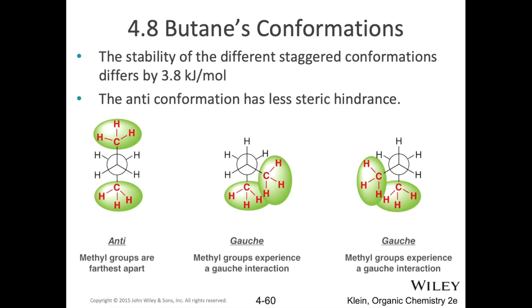They can't repel each other as much. A gauche interaction, like I said, is when you have a 60-degree angle as opposed to 180 degrees. So you have a 60-degree angle between your two groups, and this can be on either side, of course. That's a gauche interaction, and gauche here, by the way, is spelled G-A-U-C-H-E.